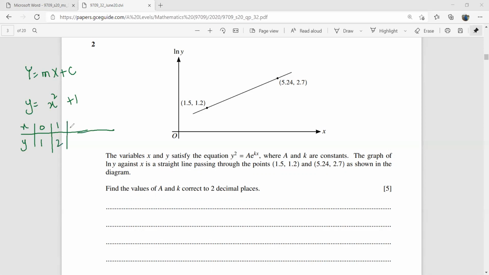When x is 2, y is going to be 5. When x is 3, y is going to be 10. Now this would clearly be a curve like this. You have 0 comma 1, 1 comma 2, 2 comma 5, then 3 comma 10. So this would be a curve going up like this.